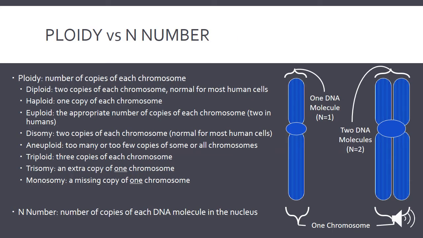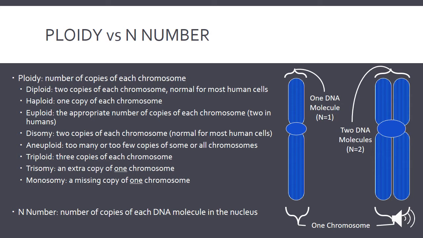So before we go through meiosis and mitosis, we need to talk a little bit about terminology. Something that the book goes over that is important is this idea of ploidy versus N number. Ploidy refers to the number of copies of each chromosome present in a cell, okay? Normal for humans is diploid, so two copies of each chromosome, replicated or unreplicated.